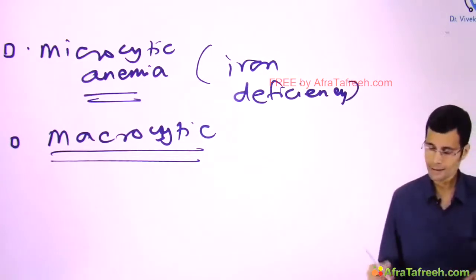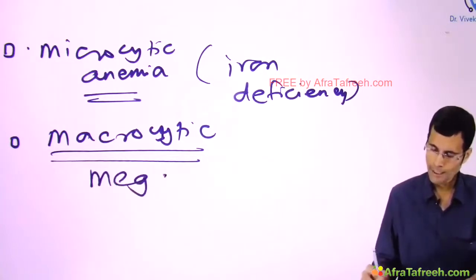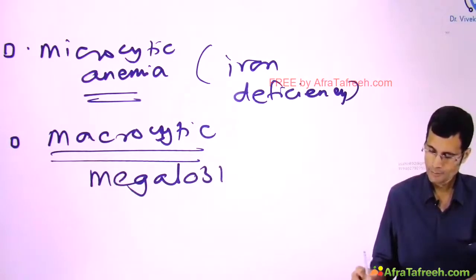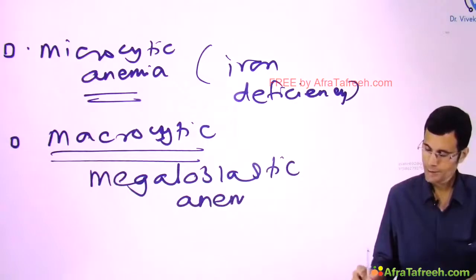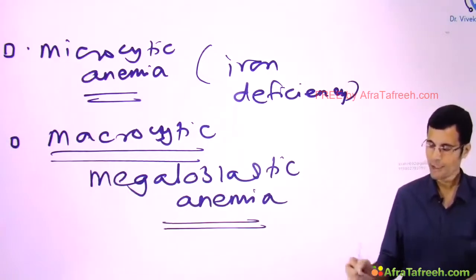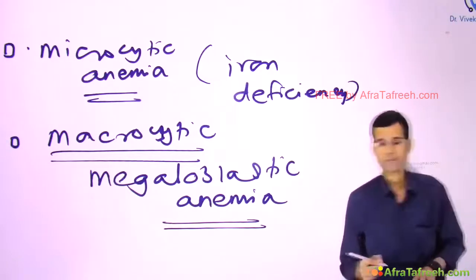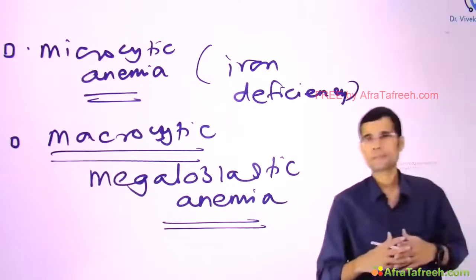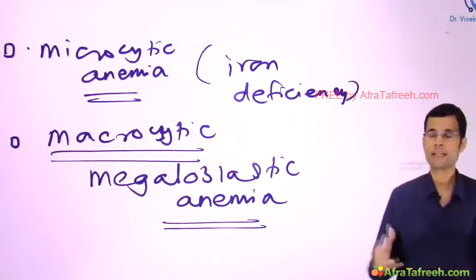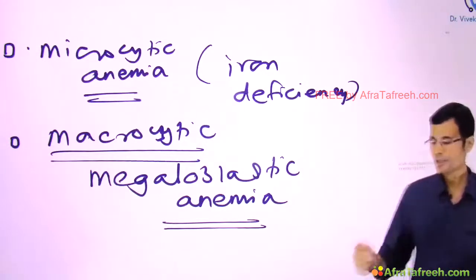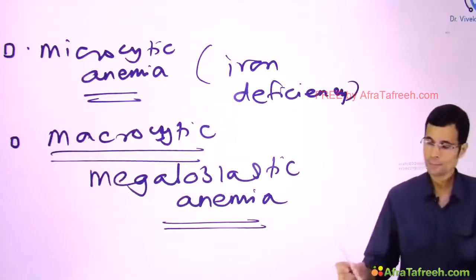Cell size has increased. So, megaloblastic anemia. As we already discussed, vitamin B12 and folic acid deficiency, the nuclear maturation is deficient and therefore cells cannot divide, they remain large and immature. That's macrocytic anemia.